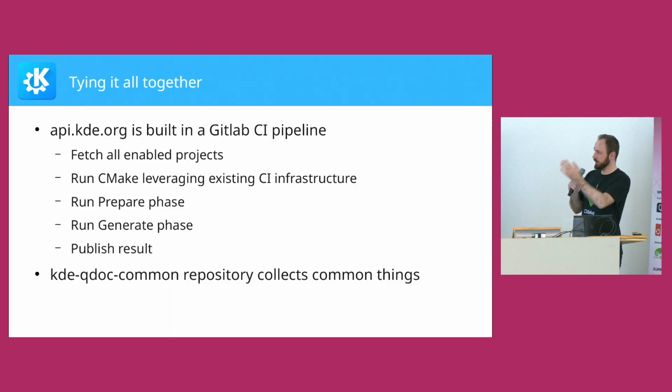And so it's basically piggybacking on all of the existing CI infrastructure. And then for all of the projects, we run the prepare phase, index files are generated. We run the generate phase, output is HTML files, and then we take the result and publish it on the website out in the world.